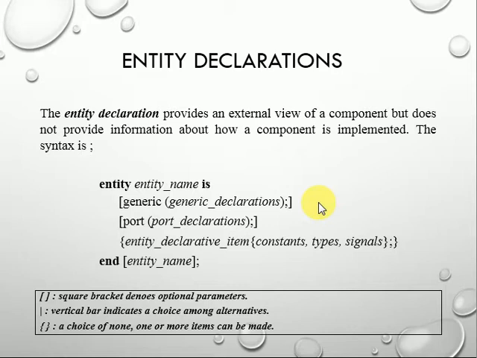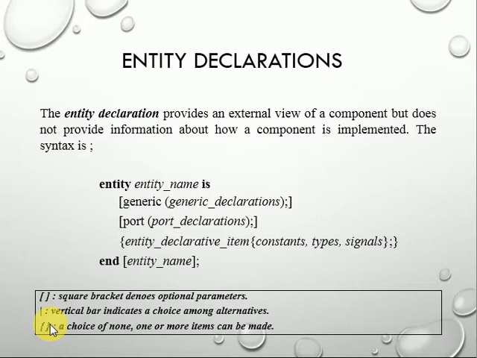Now mostly this entity declarative item is very rarely used. In most programming we use generics as well as the port declaration. This will be followed by the end keyword and then the entity name.